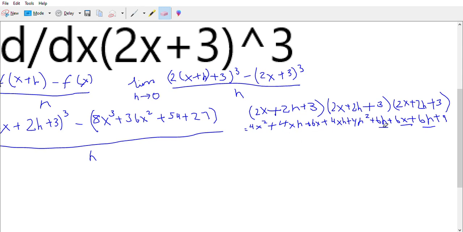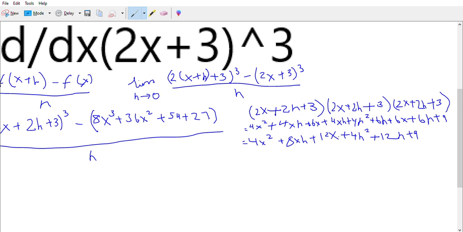So now this is basically 4x squared plus 8xh plus 12x plus 4h squared plus 12h plus 9.